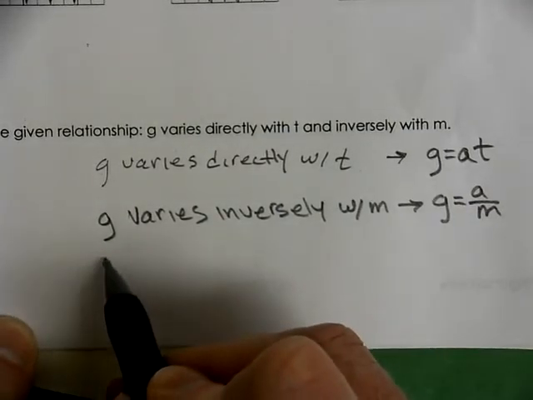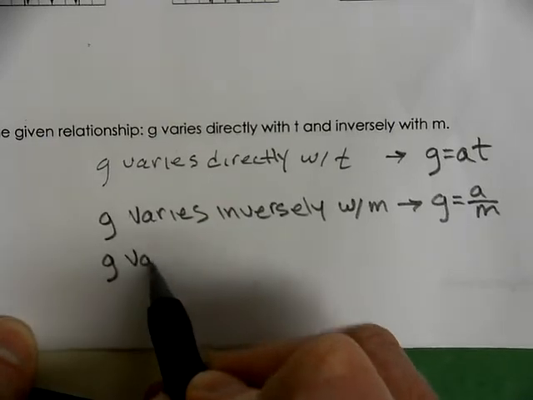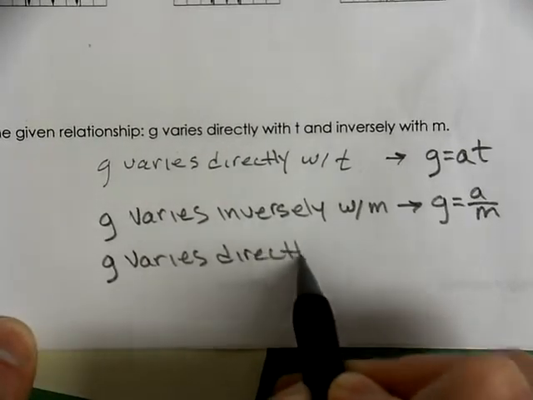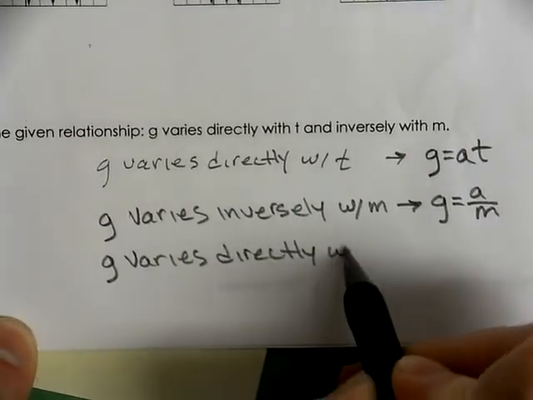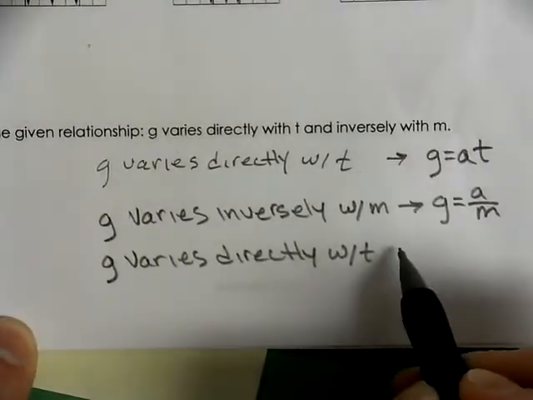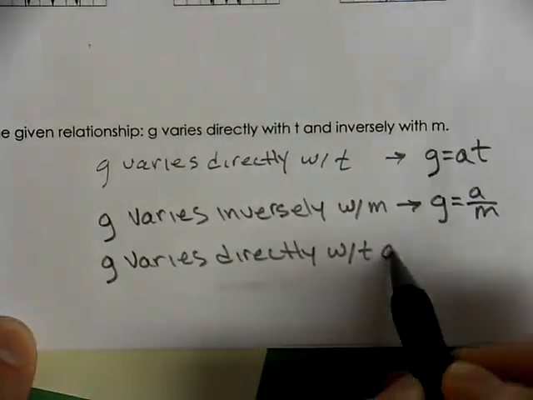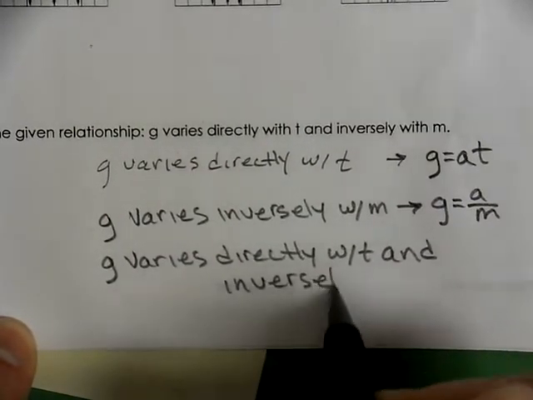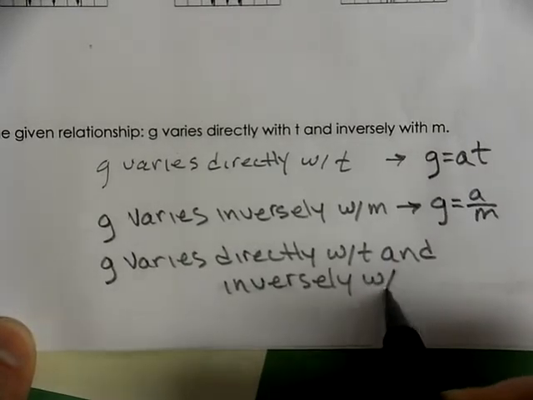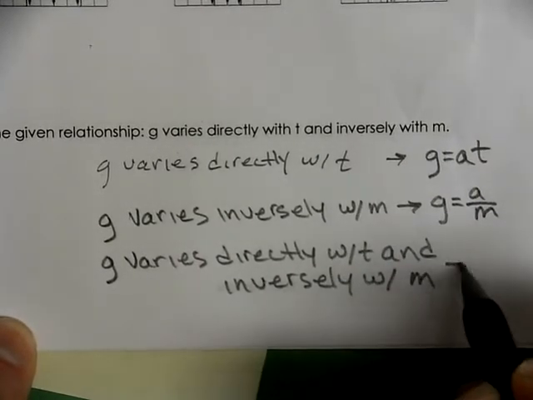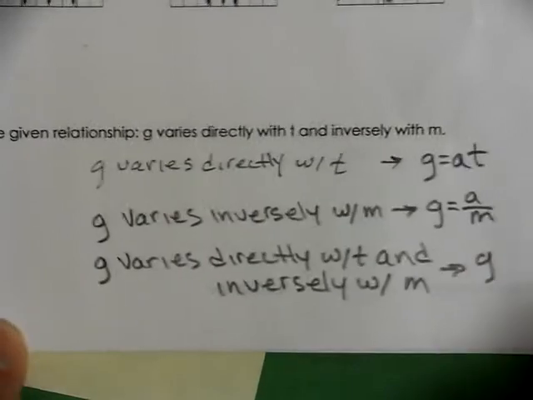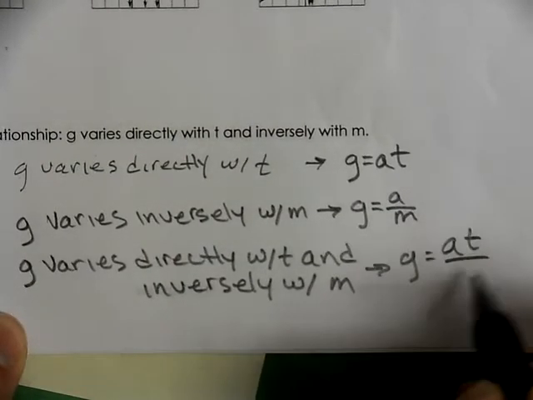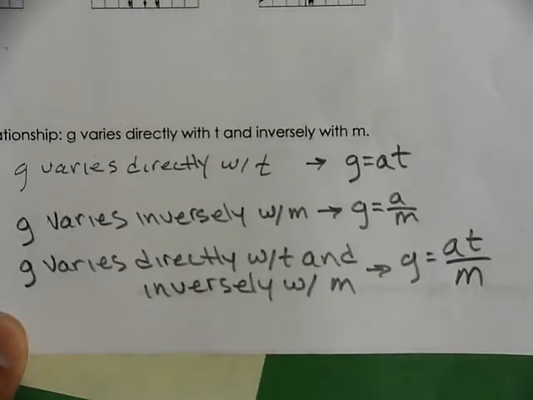So now if we're going to do this problem, g varies directly with t and inversely with m. We're going to get g equals at divided by m.